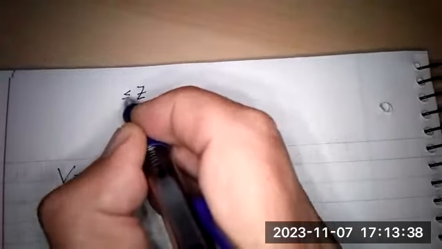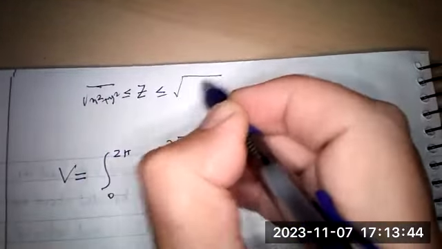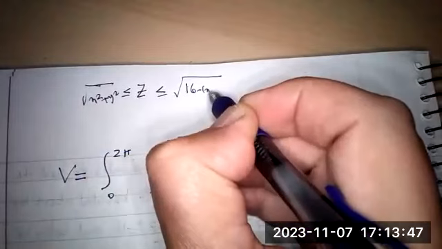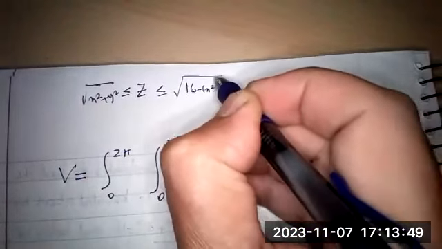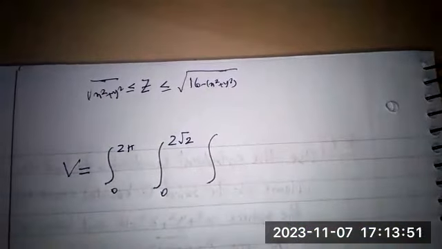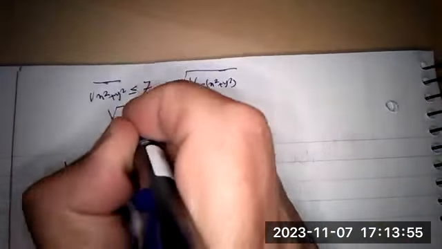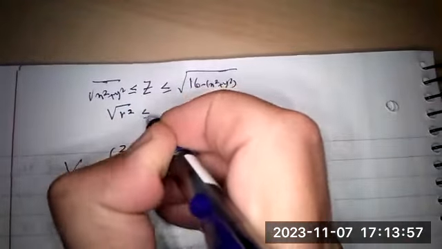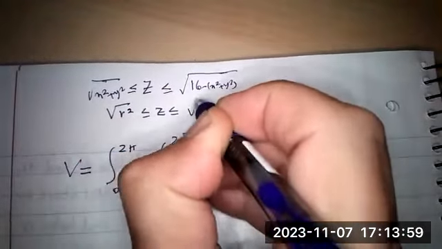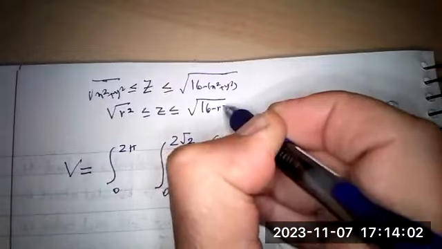You see your z is between, the bottom was the square root of x squared plus y squared, and the top was the square root of 16 minus x squared plus y squared. Remember, you have to change this one into r. x squared plus y squared is r squared, so that gives a radical r squared, less than or equal to z, less than or equal to the square root of 16 minus r squared.